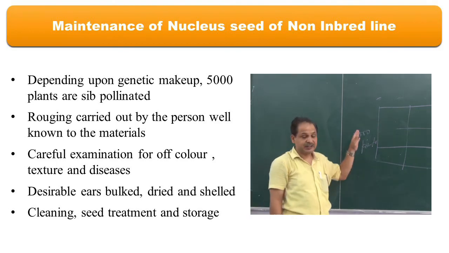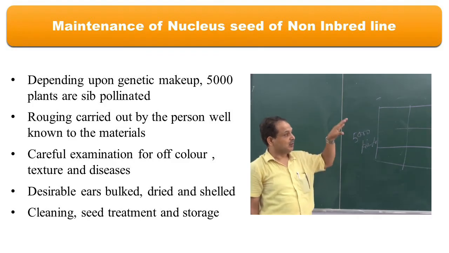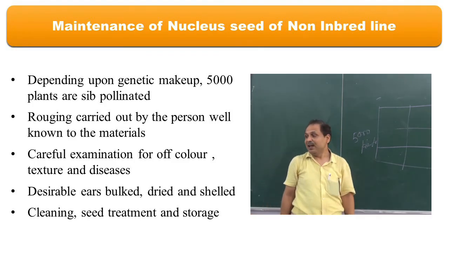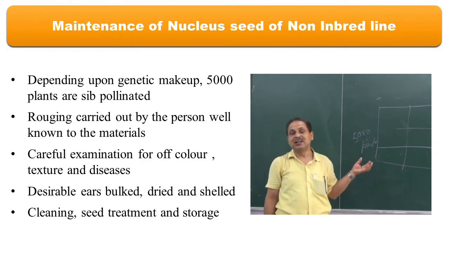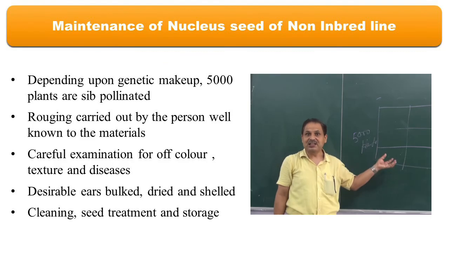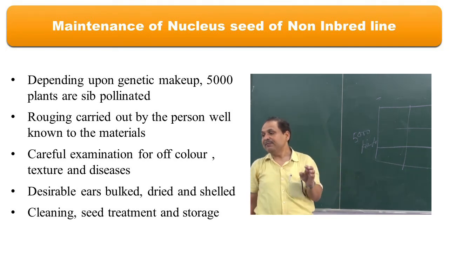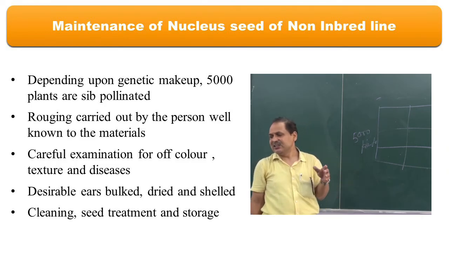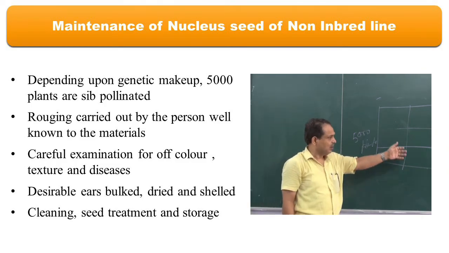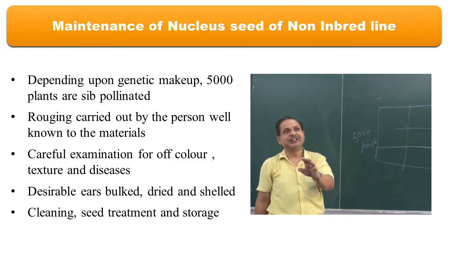Roguing is also carried out during the crop season, and persons who are well acquainted with the material visit the plots so that they can identify any off types, with careful examination for off colors, textures and diseases. During the crop season, we also take care of disease incidence.